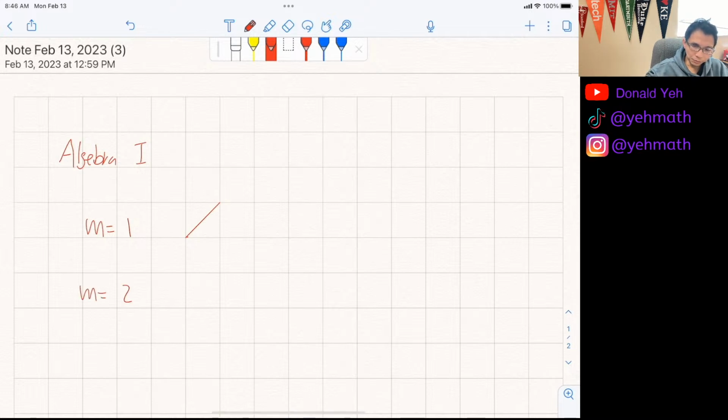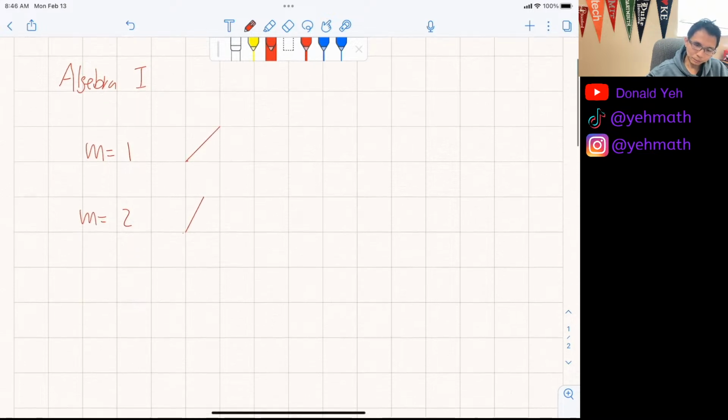You can have 2, which is probably something like this, because it's supposed to be 2 up for 1 over, but I'm just gonna do it in one space. So it's gonna be 2. M equal to 1/2 is gonna be something like this, because 1/2 is supposed to look this long, but if I just use the same segment, it's gonna be like this.